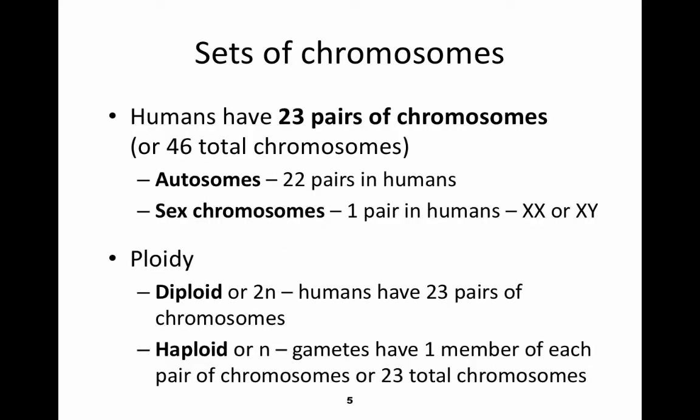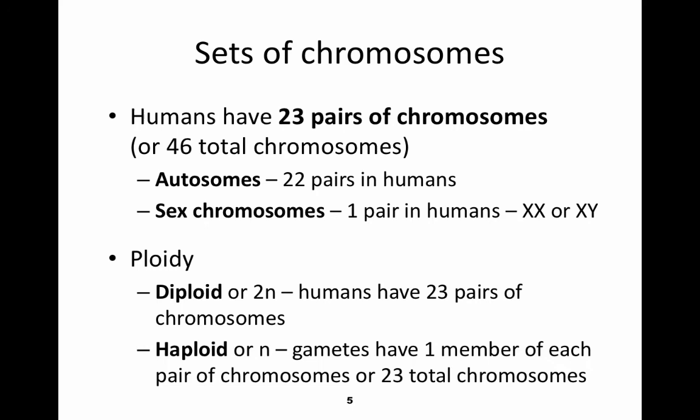Now, humans have 23 pairs of chromosomes. So we get one set from our moms and one set from our dads. And for each of those 23 chromosomes that we get from each parent, for instance, chromosome 1 that you get from your mom has the same genes on it as chromosome 1 from your dad does. So they pair together.